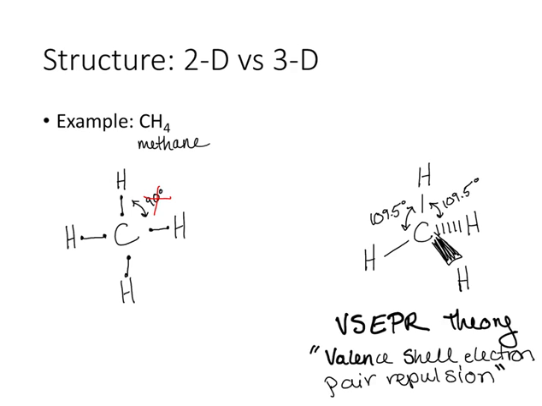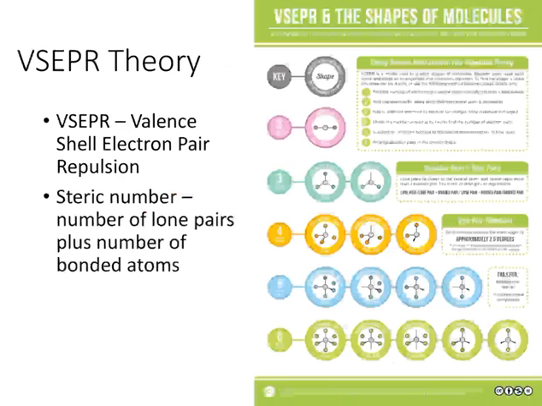Okay. So normally in class, I would give you this handout. It's a super useful review of VSEPR theory and the shapes of molecules. But unfortunately, we can't see each other in class. However, I did post this on Canvas under study guides.